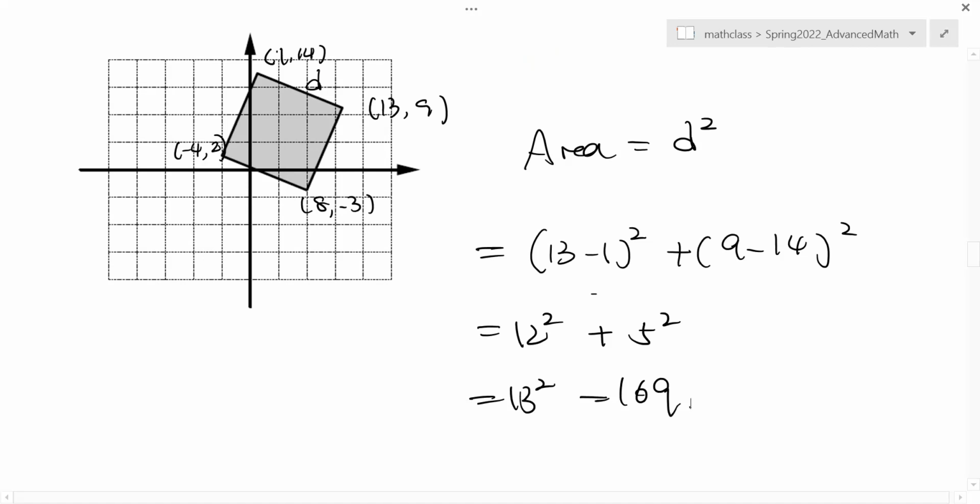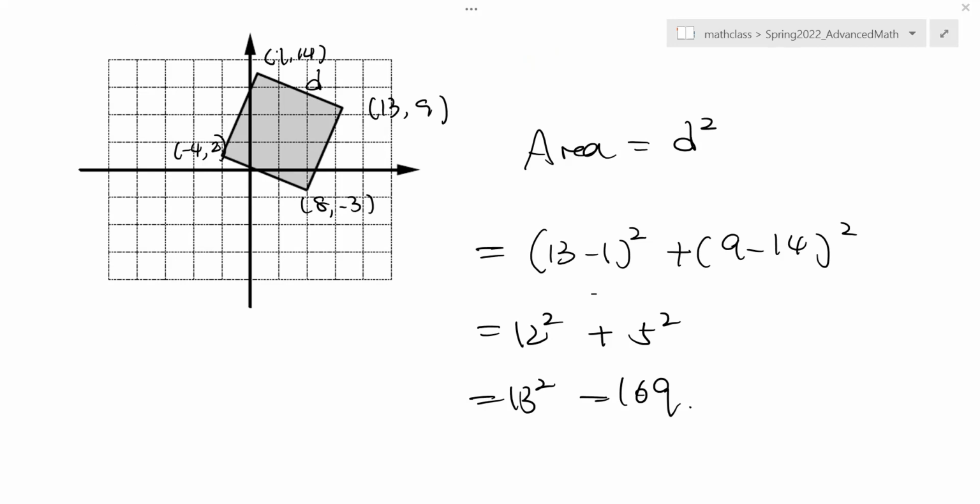Very simple. Of course, it's possible it's not a square. If it's not, you can find all the sides, and you can say that, based on my calculations, it's not going to be a square. That's possible.